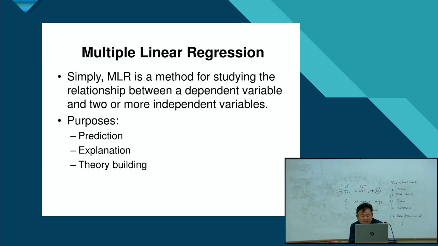And the explanation means the impact of the two variables on the dependent variable. What is the result? The final outcome, gathering theory building.